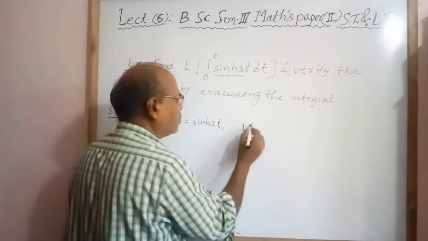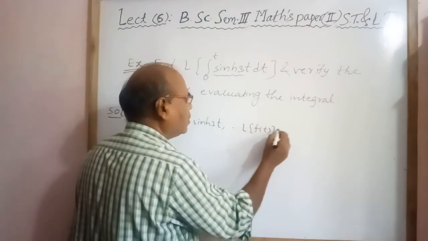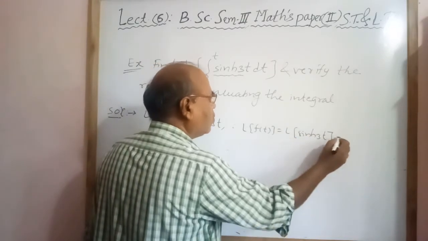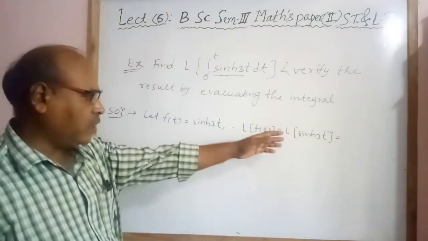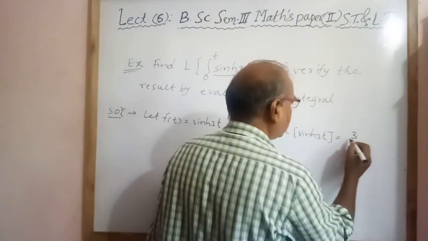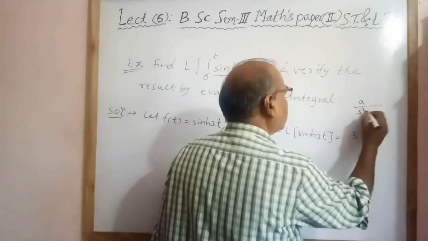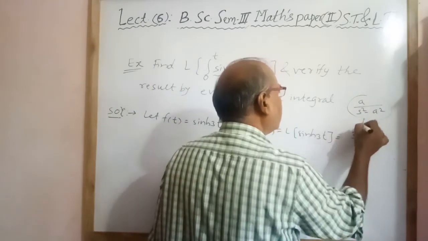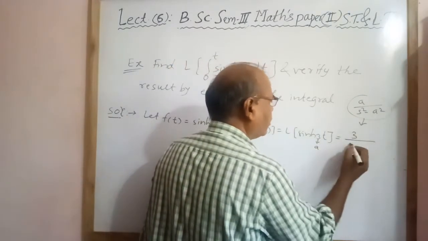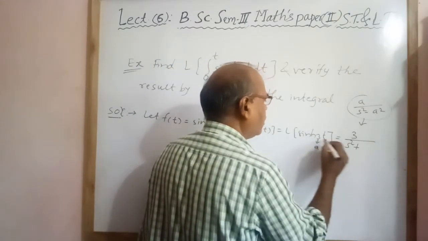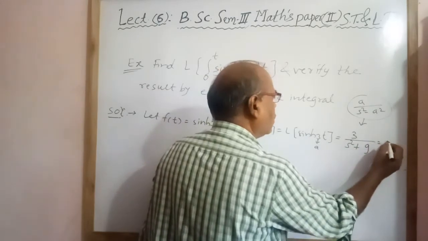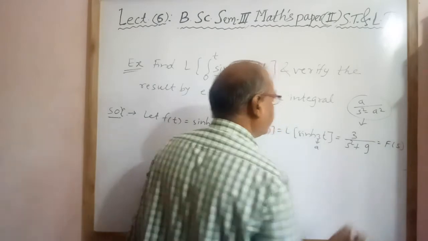Therefore Laplace of f of t equal to Laplace of sin h 3t, which is the hyperbolic function. The formula is a divided by s square minus a square. Now here a equal to 3, therefore 3 divided by s square minus 3 square, that is 9. Now this is nothing but F of s.